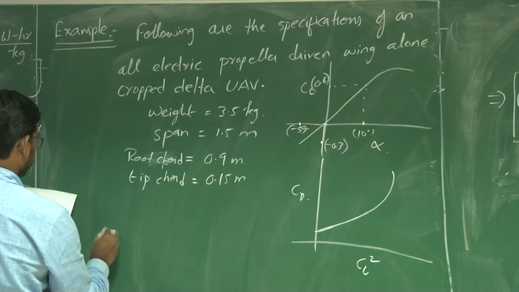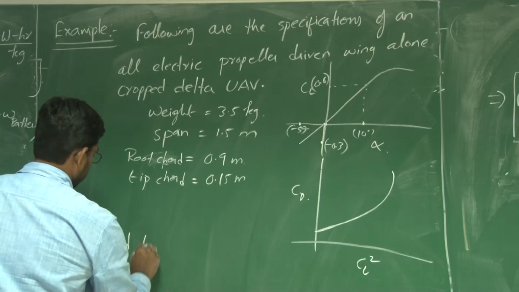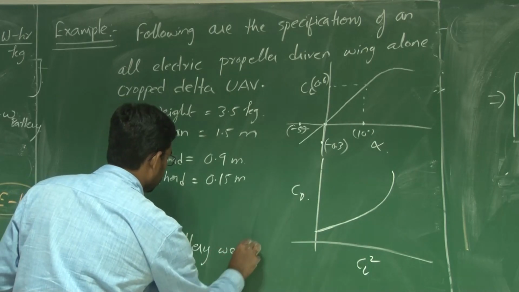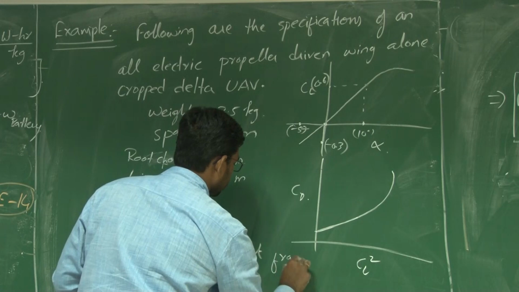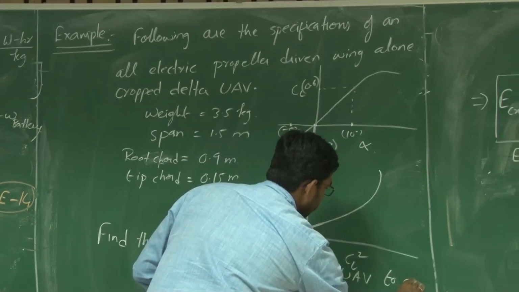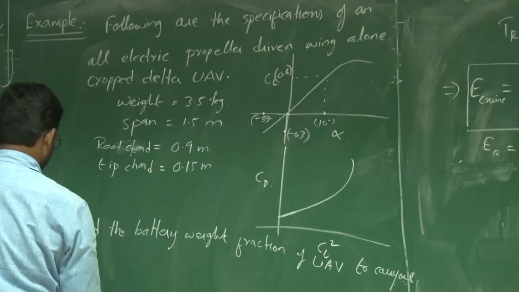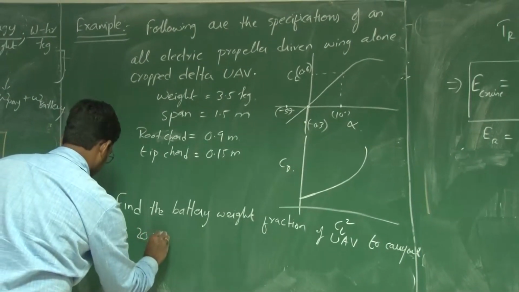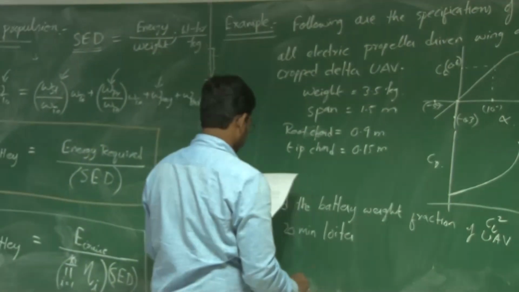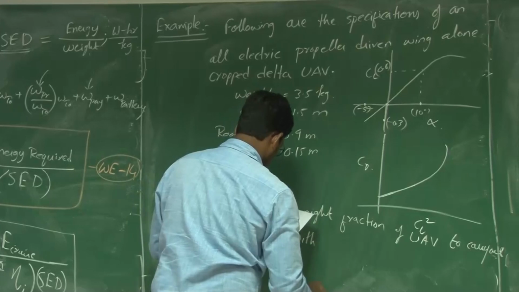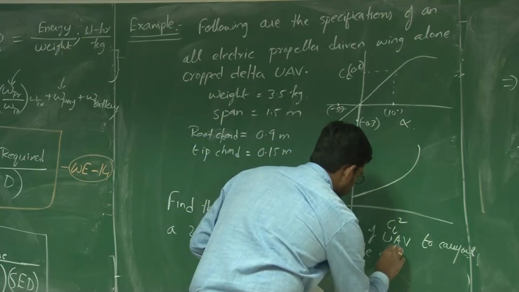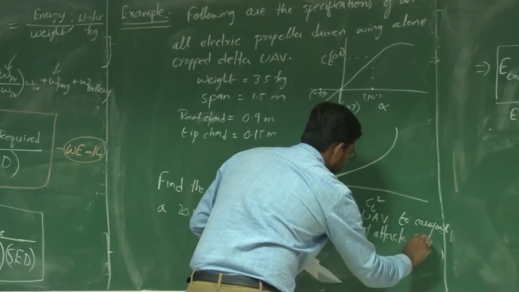Coming back to the question, find the battery weight fraction of the UAV to carry out a 20-minute loiter with a trim angle of attack of 4 degrees.